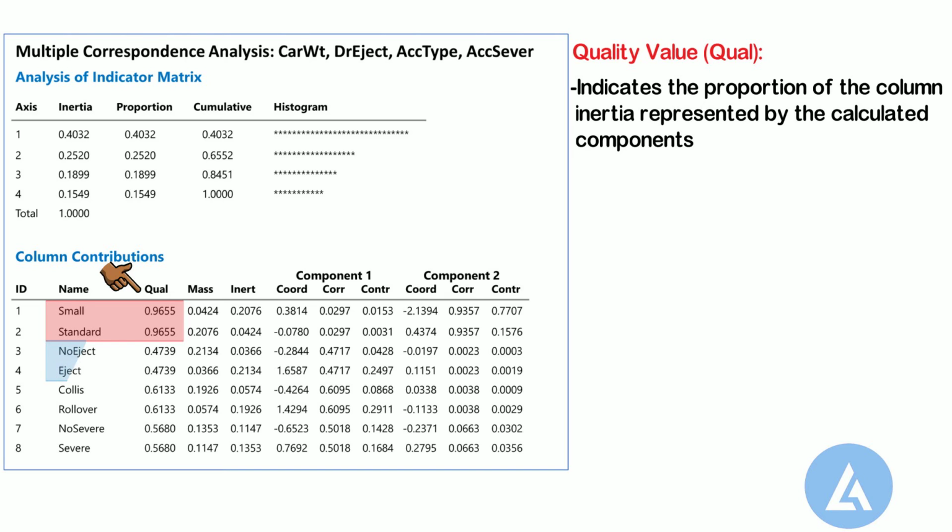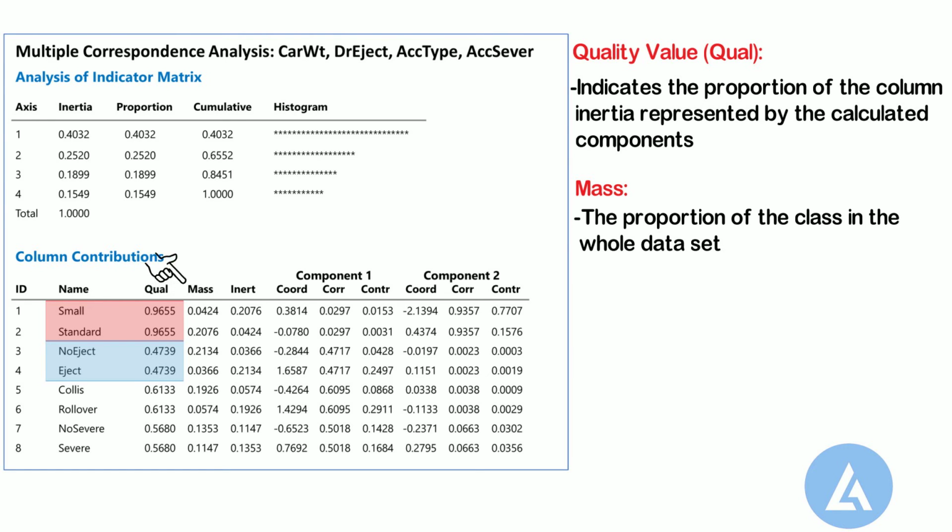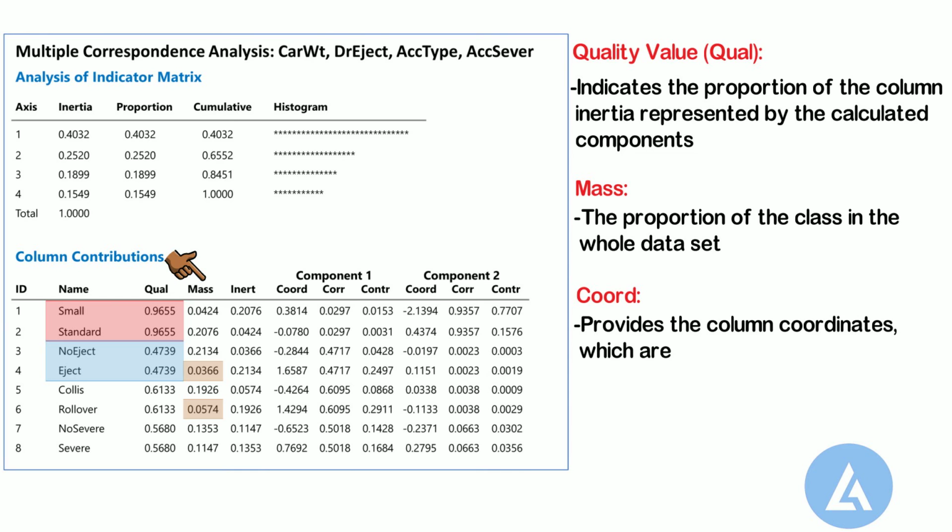The ejection categories are the least represented by the 2 components, quality is equal to 0.474. The column labeled mass is the proportion of the class in the whole data set. Eject 0.037 and rollover 0.057 are relatively rare. The code column provides the column coordinates, which are displayed in the column plot.